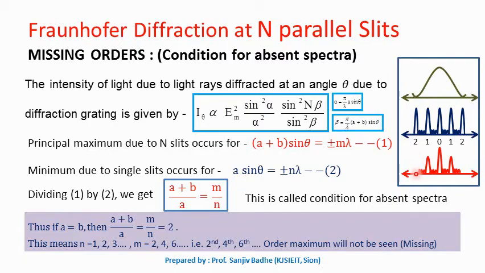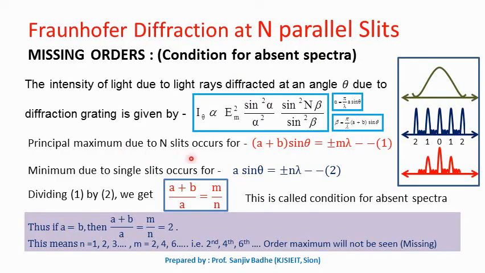Therefore we expect a maximum over here due to the combined effect of N number of slits, but because the minimum of the single slit falls exactly at the same point, that maximum is not seen. So this is called a missing order.